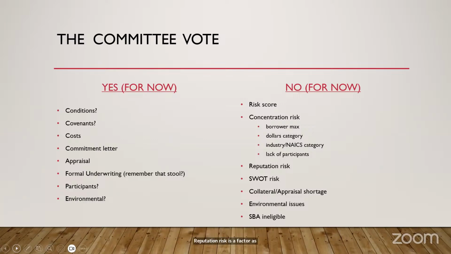If the loan officer decides, with doing the SWOT analysis, there's more risk involved than any sort of strength or opportunities there. If there's an appraisal shortage or collateral shortage, so, you know, you're saying you're buying the property for 200,000, but it only appraises at 180,000, that could be a no for now as well.